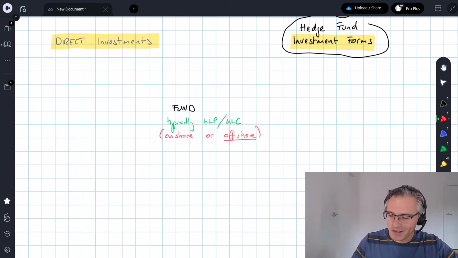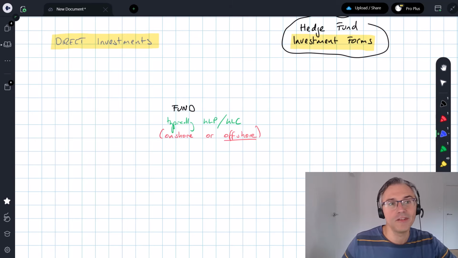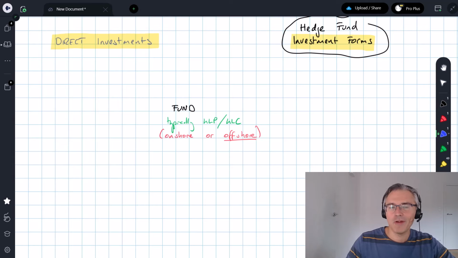That's the one that at least comes to my head when I think about offshore locations to register a hedge fund. The incentive to do it that way comes from various tax advantages, which are not explored in your book.